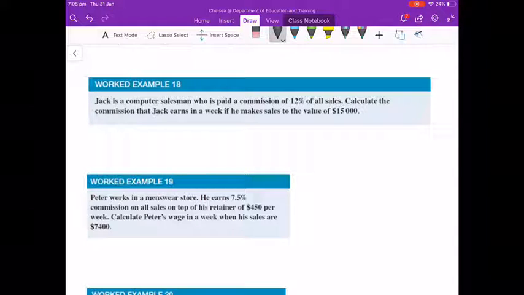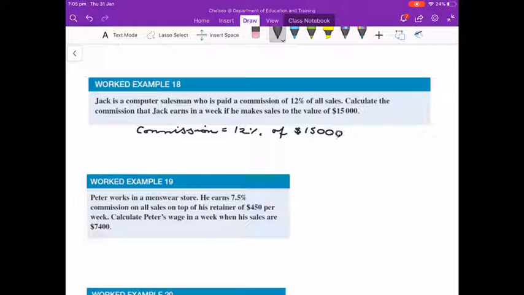Jack is a computer salesman who is paid a commission of 12% on all sales. Calculate the commission Jack earns in a week if he makes sales to the value of $15,000. So to find commission, we have to find 12% of that $15,000.